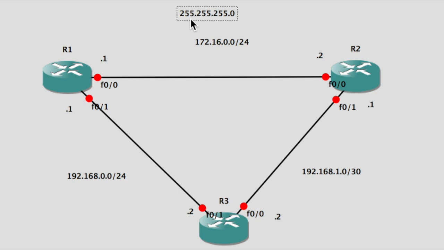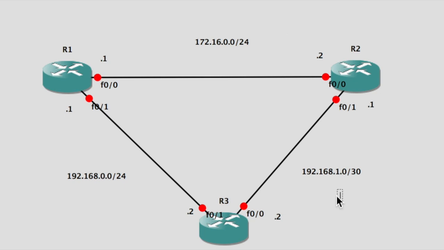The idea here is if you take any IP address within this range and you perform a logical AND with the subnet mask, what you should get will be the network address. You can try this. If you logically AND 172.16.0.1 with this network mask, you should get the network address. That is the whole idea here.